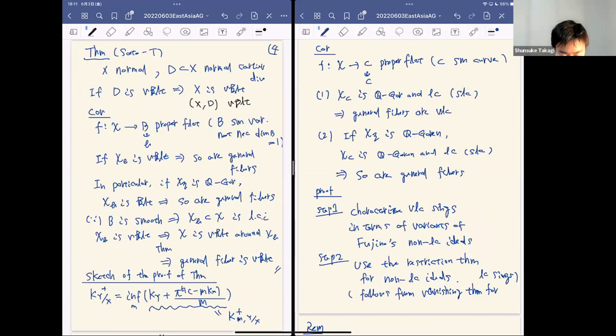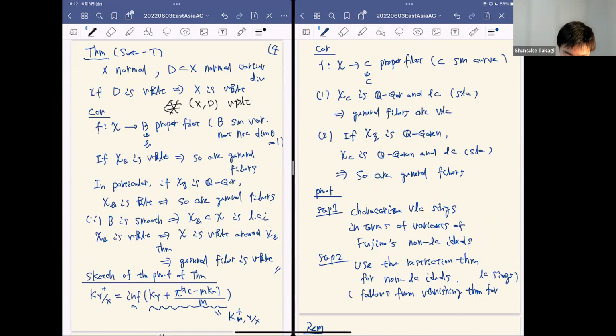About inversion of adjunction, variative KLT singularities behave well, but they don't satisfy adjunction, which means this is not true: even if the pair is variative PLT, D is not necessarily variative KLT.